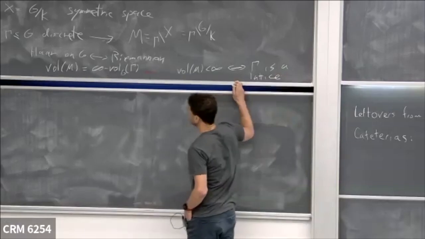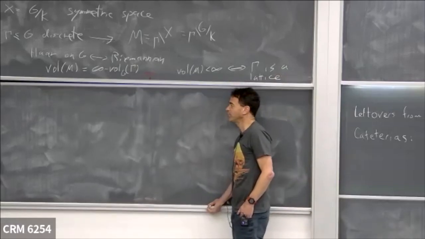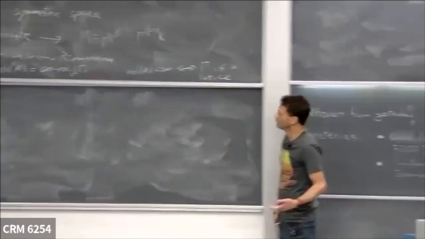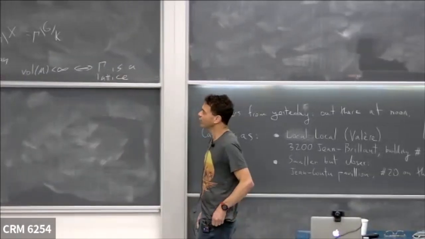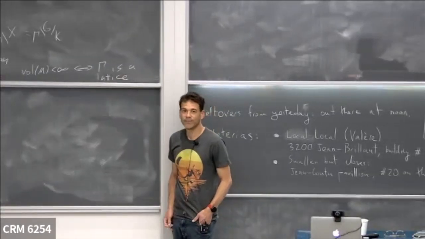So G mod gamma is a space of finite measure. Sometimes we normalize it to be 1.